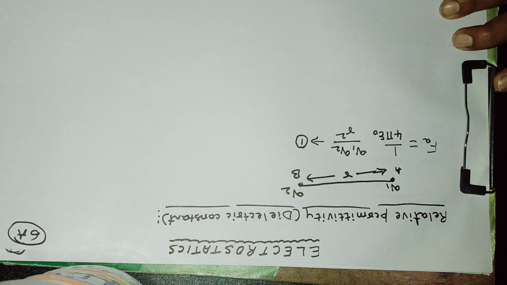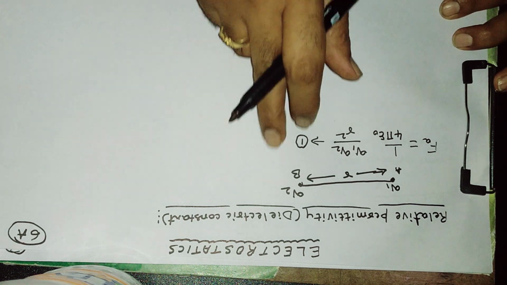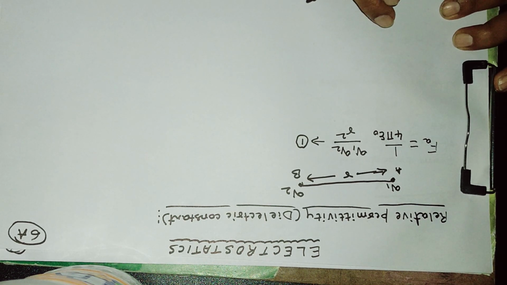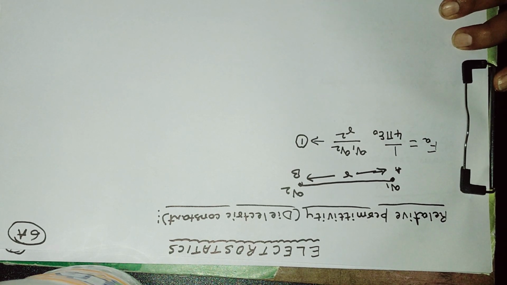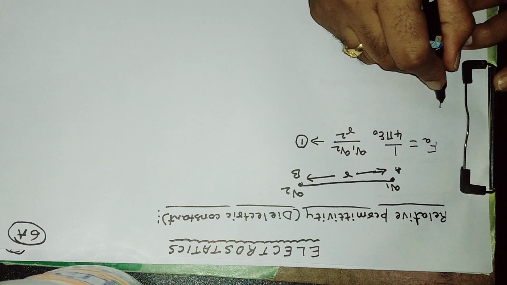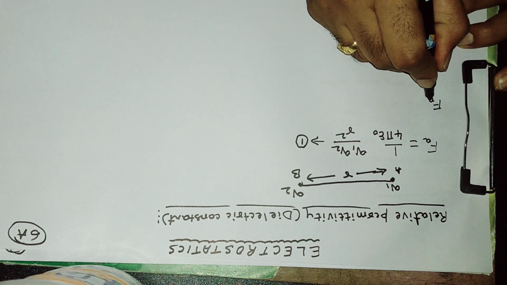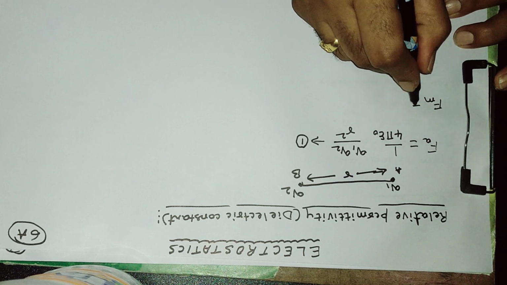Now, I take the same two charges separated by the same distance apart in the medium whose relative permittivity or dielectric constant is to be defined. When I keep the same two charges at the same distance apart in the given medium, I will call the force acting between the two charges F medium, Fm.